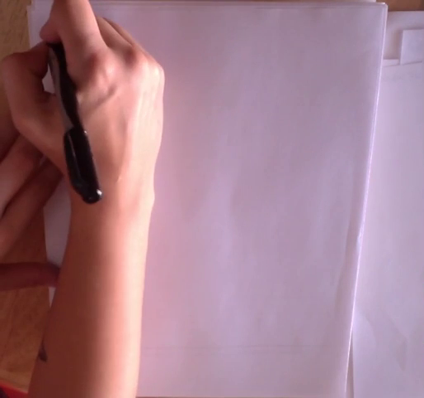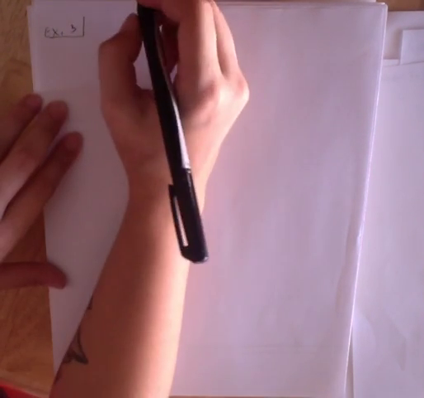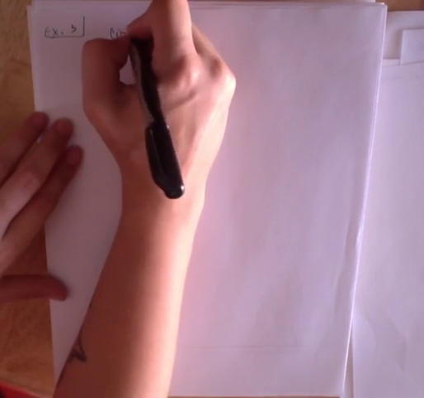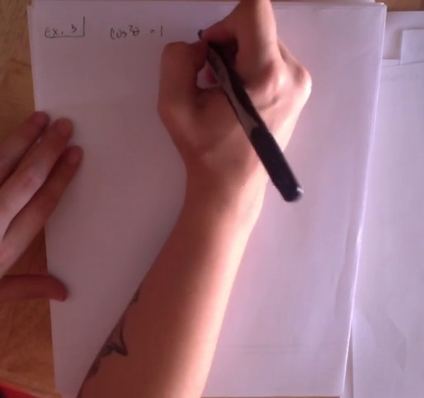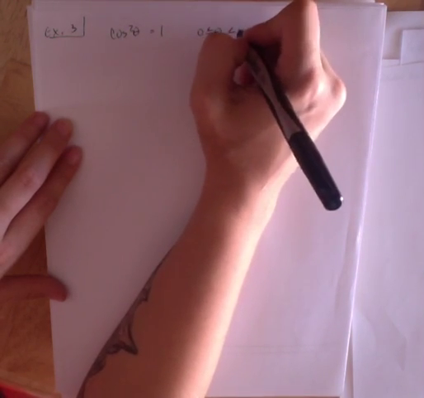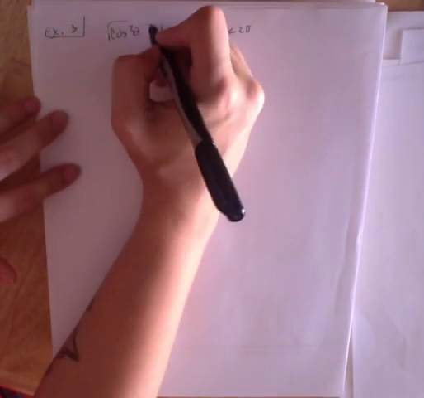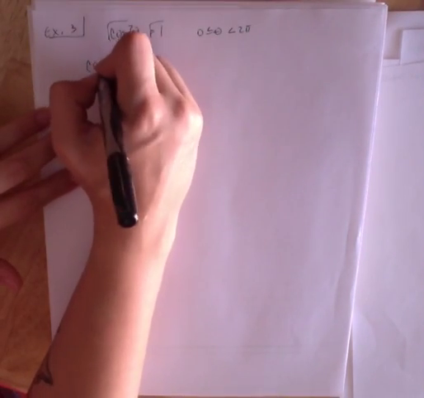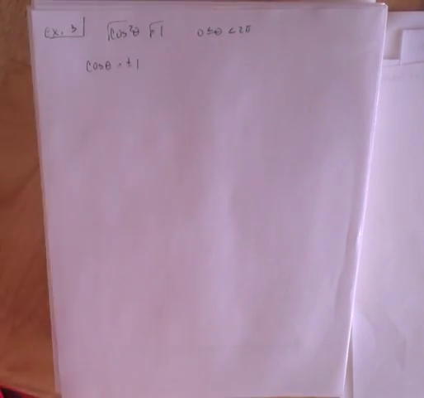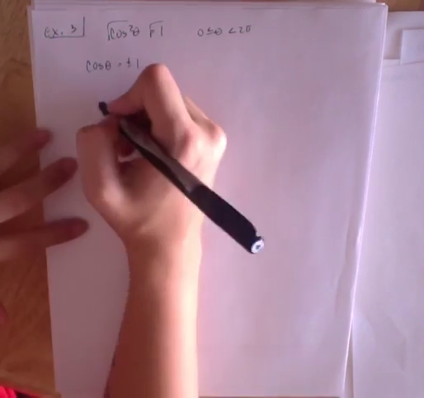Okay, let's keep going. We have cosine squared of theta equals 1, and our parameters are theta is between 0 and 2 pi. This is where you can have a potential loss of a solution. Take the square root, you get the cosine of theta is plus or minus 1.